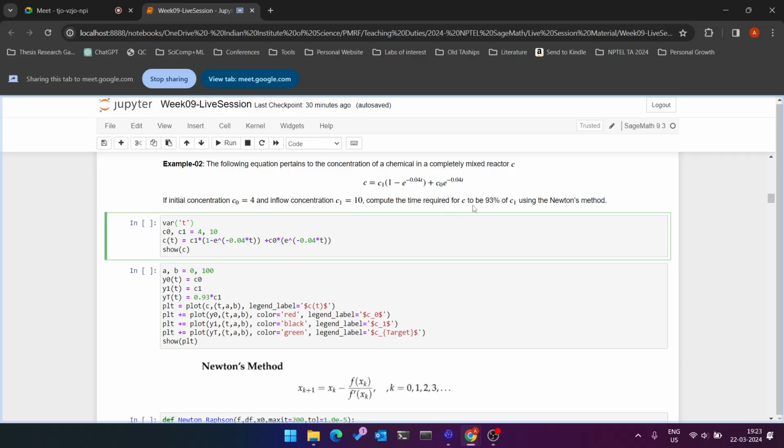So we have been asked to calculate at what time t C becomes 93% of C1 or 9.3.